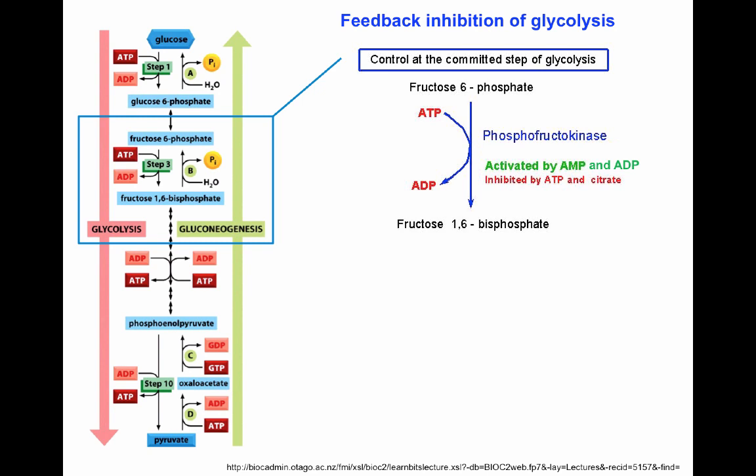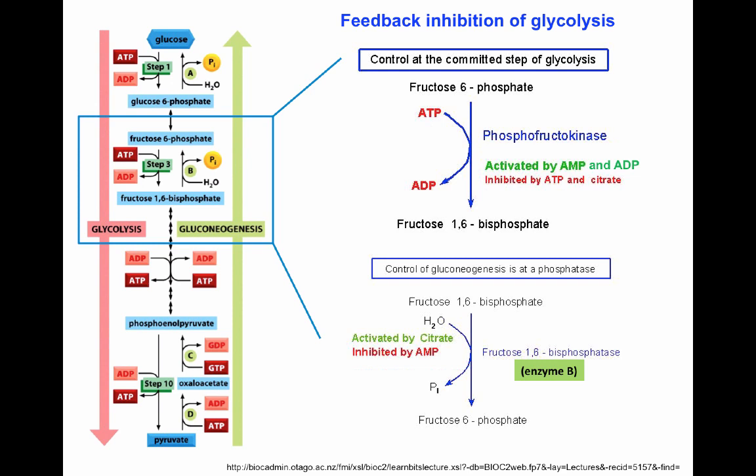This enzyme is activated by the byproducts AMP and ADP, whereas it is inhibited by the presence of ATP or citrate. On the other hand, the enzyme that catalyzes the reaction from fructose 1,6-bisphosphate to fructose 6-phosphate, enzyme B, is called fructose 1,6-bisphosphatase, so it is removing a phosphate from fructose 1,6-bisphosphate.